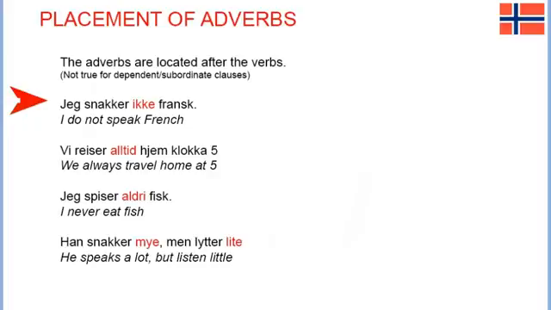The sky is blue, in that case, would be a dependent or subordinate clause. In this case, we are talking about complete phrases. For example, jeg snakker ikke fransk. I do not speak French. And in these phrases, the adverb, in this case ikke or not, is after the verb.